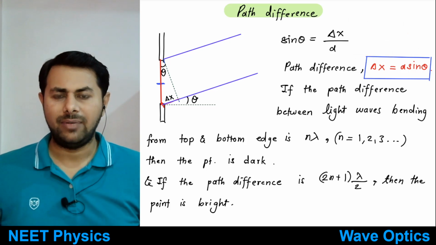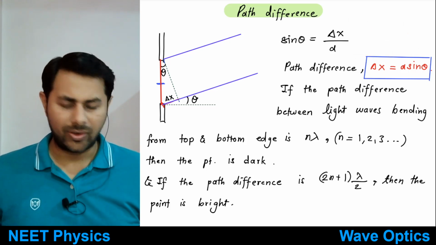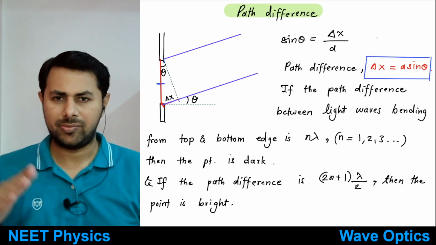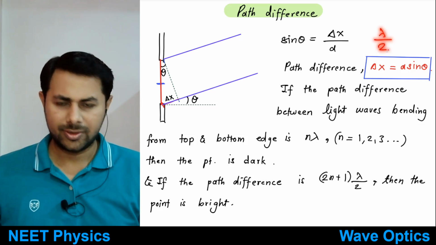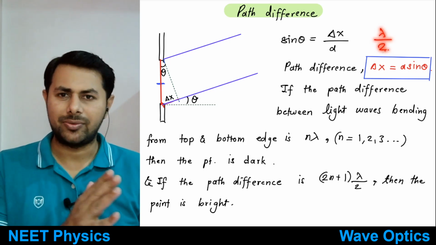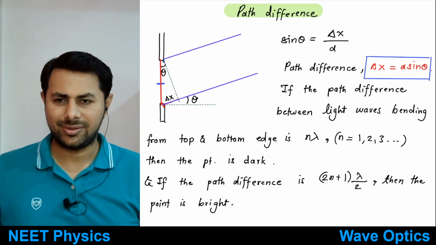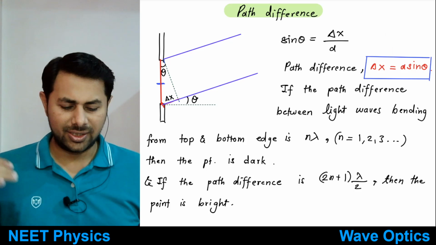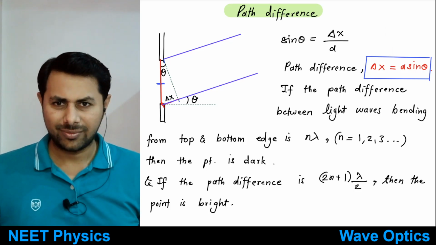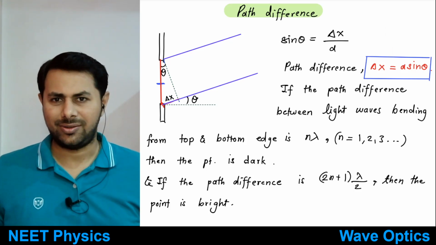And if the path difference was odd integer multiples of lambda by 2, that is lambda by 2, 3 lambda by 2, 5 lambda by 2, and so on, there was destructive interference. So the condition is exactly opposite here, and we'll understand why.